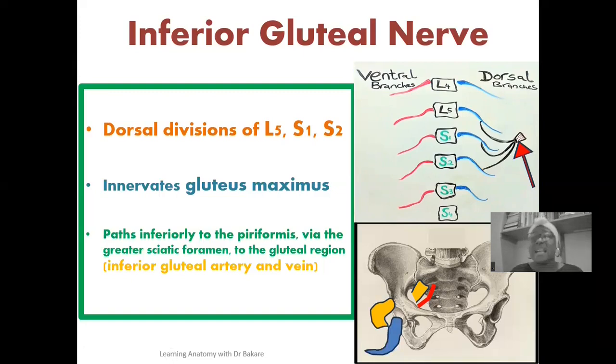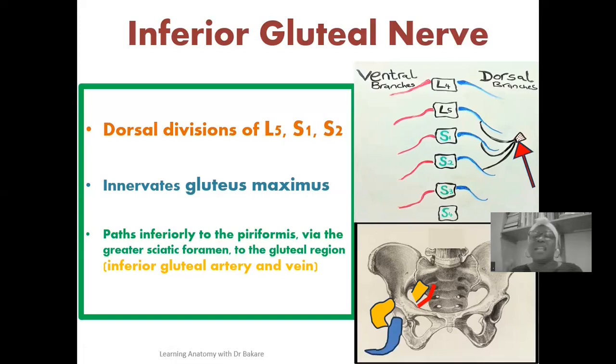The inferior gluteal artery is also a branch of the internal iliac artery. So you see that they have similarities in terms of how they run, but of course, it's good for us to establish the distinct differences in the path that they run: above the piriformis for the superior gluteal nerve, and below the piriformis for the inferior gluteal nerve.